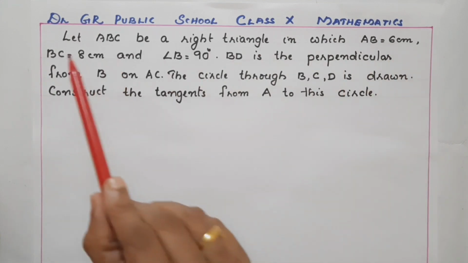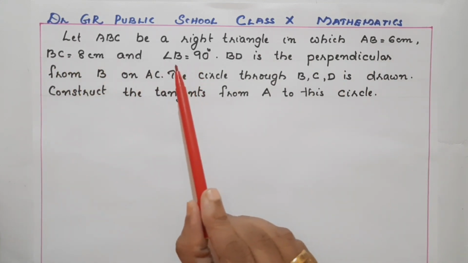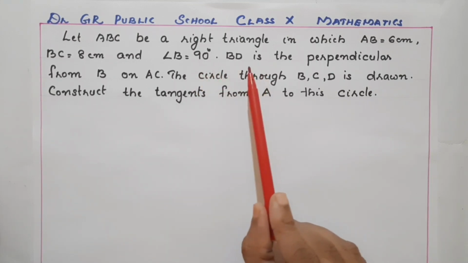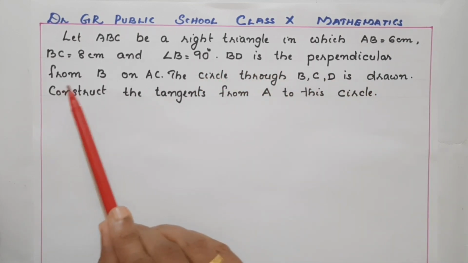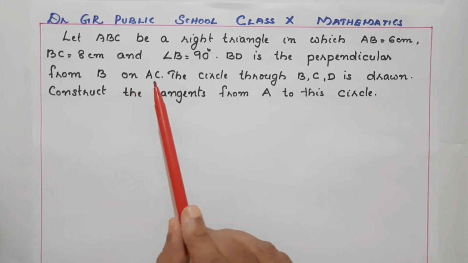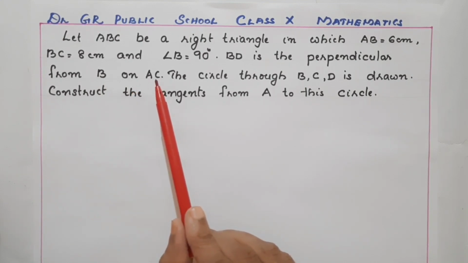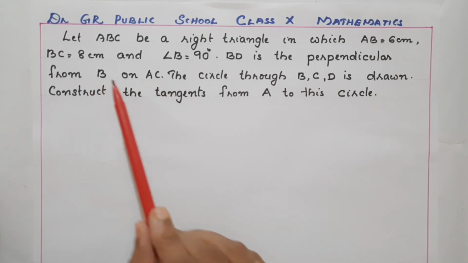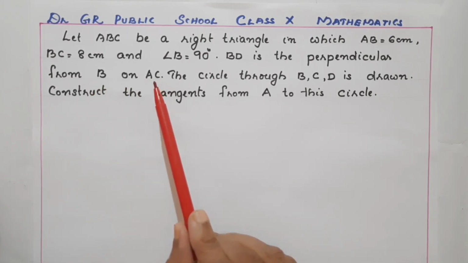AB 6 centimeter, BC 8 centimeter and angle B is right angle. Then BD is the perpendicular from B on AC. So we have to draw a perpendicular from the vertex B to the side AC.